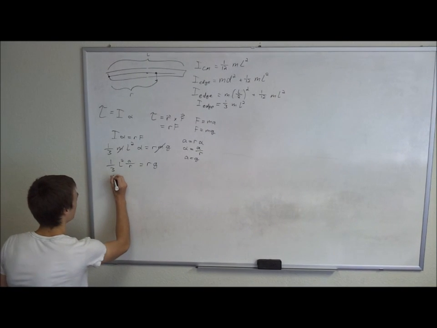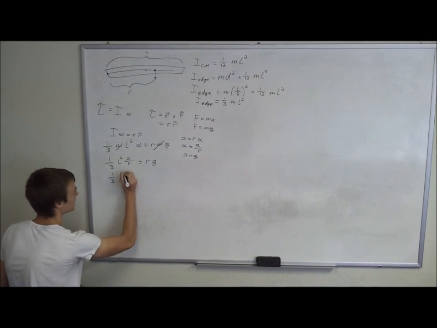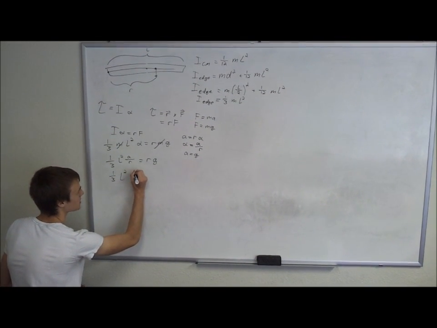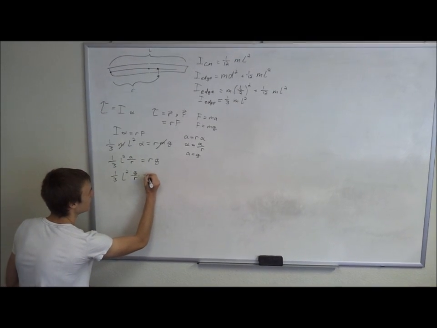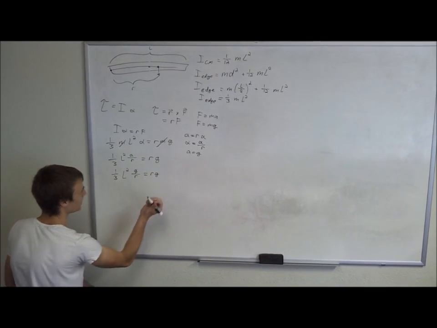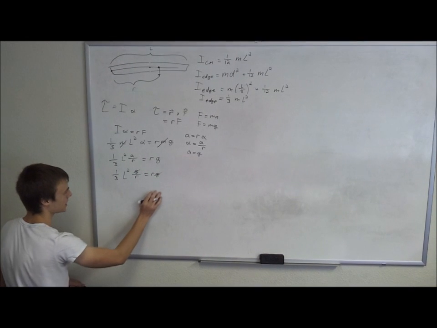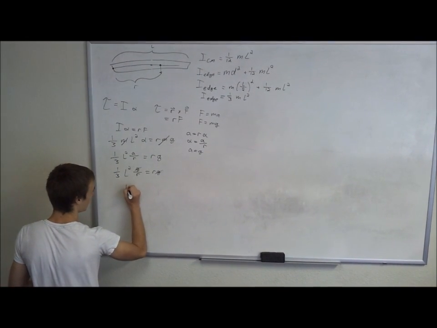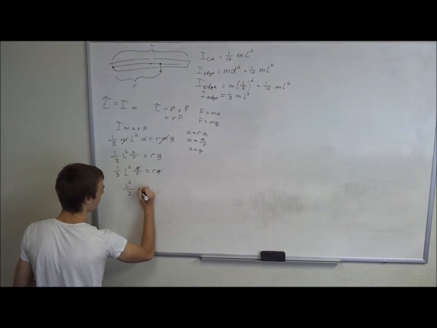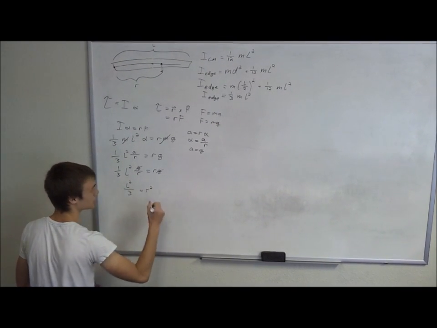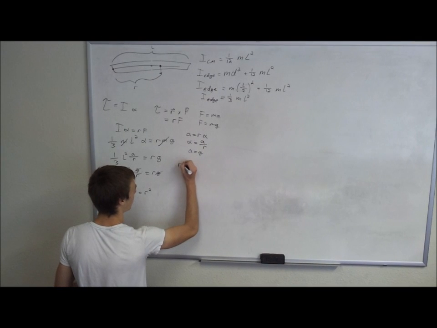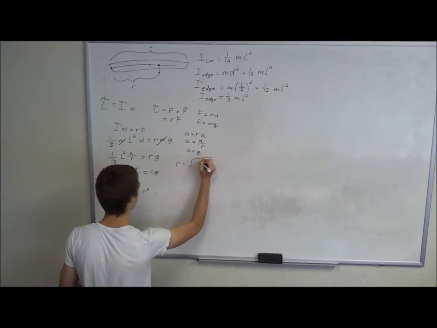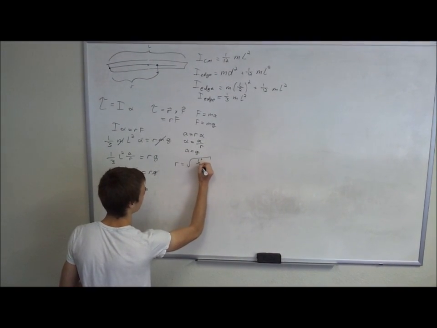We get 1/3 times the length squared times gravity over our distance is equal to our distance times our gravity. The gravity values cancel out, and we multiply both sides by r. So we get L squared over 3 is equal to r squared. Taking the square root, r is equal to the square root of L squared over 3.